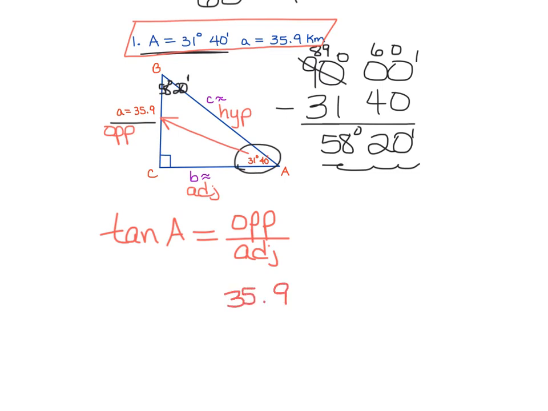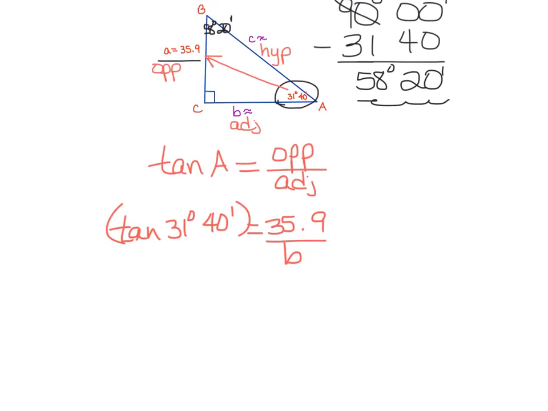35.9. Over here for tangent, I'm going to put in the angle measure 31 degrees, 40 minutes, divided by B, which is my adjacent. So I'm setting it up as opposite over adjacent. Now I have to solve for B. Now I could either treat it as a proportion and cross multiply and divide here.